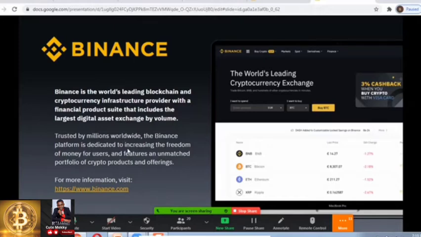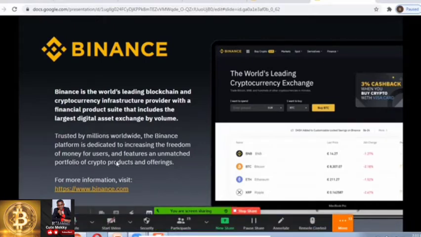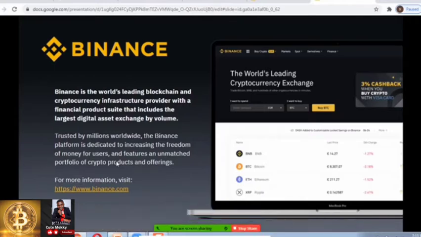Binance has dedicated its platform to increasing the freedom of money for users, and its features are unmatched in its portfolio of cryptocurrency products and related offerings. So Binance is the world's leading cryptocurrency exchange.